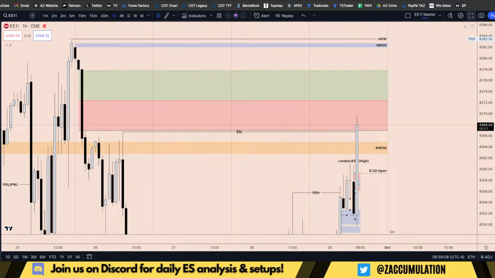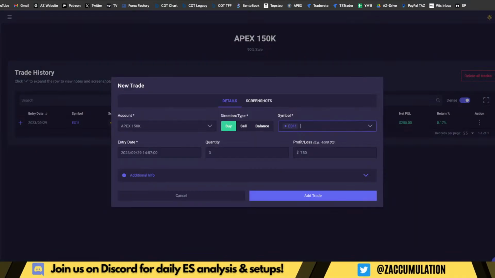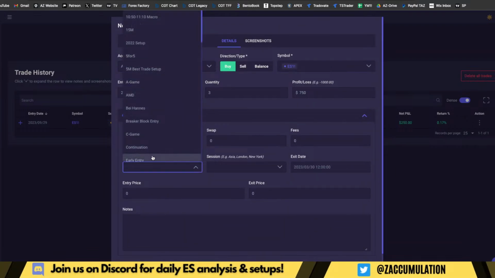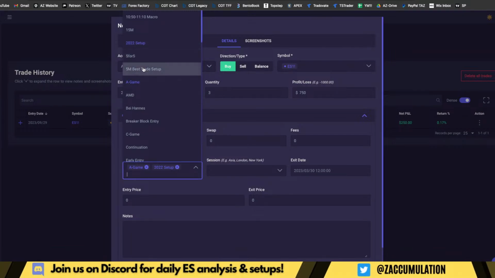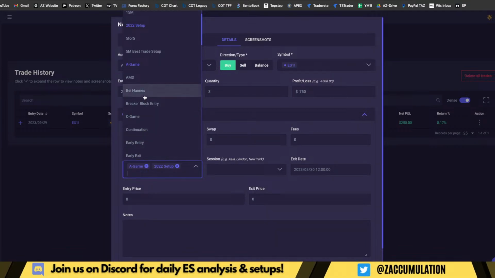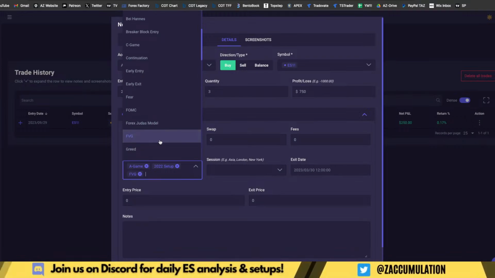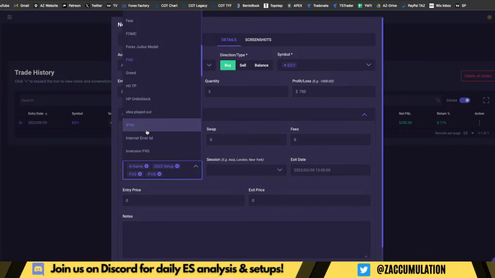Alright, but let's quickly add the next trade, 750. This was a game trade for the 2022 setup. We went long of a fair value gap paired with an inversion fair value gap.